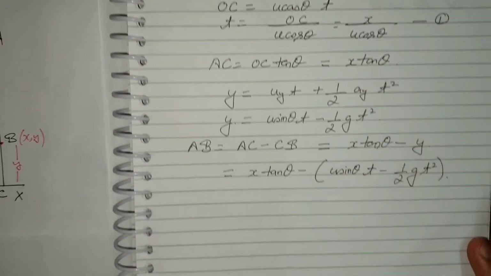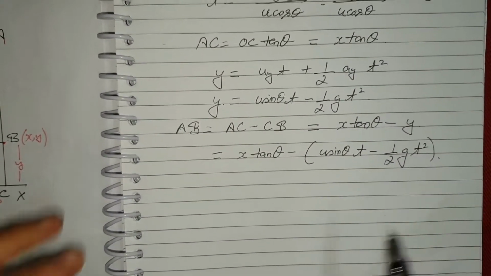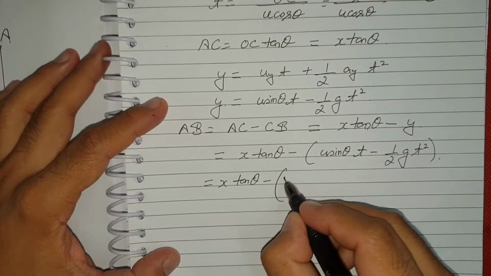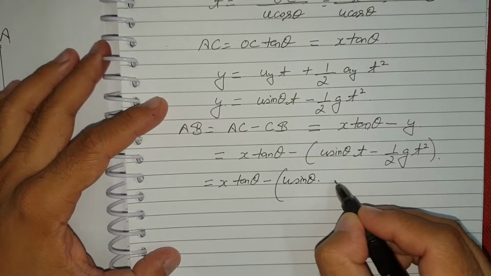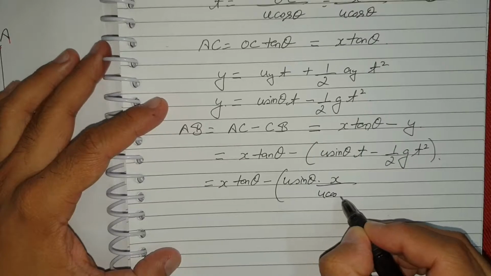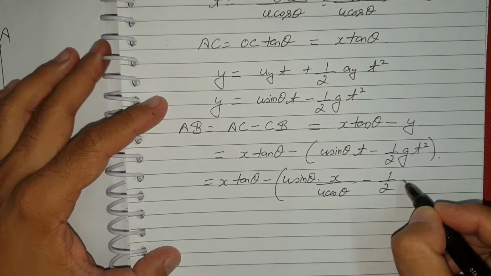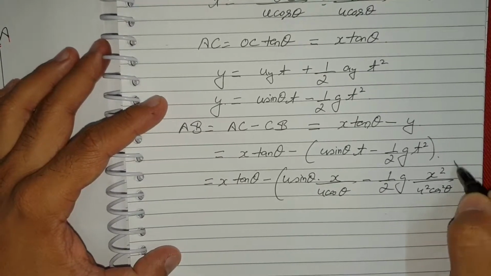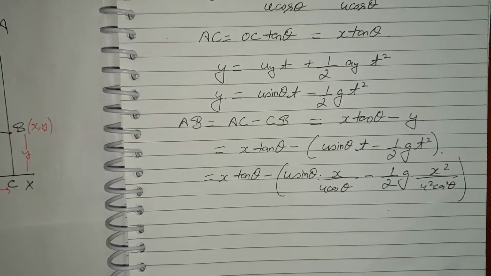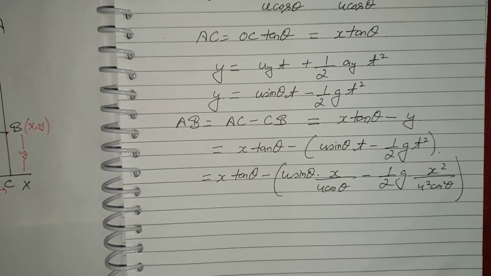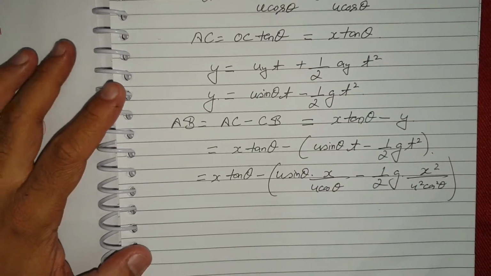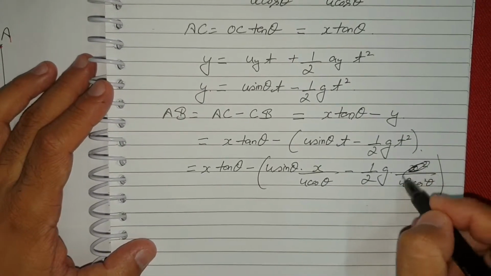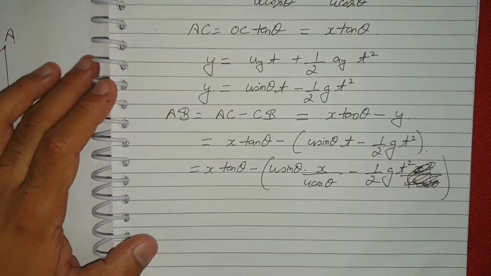Substituting this t in this equation, this is x tan theta minus u sin theta into x by u cos theta minus half g x square by u square cos square theta. Or what we can do is just let it be half gt square. I think this will be better.